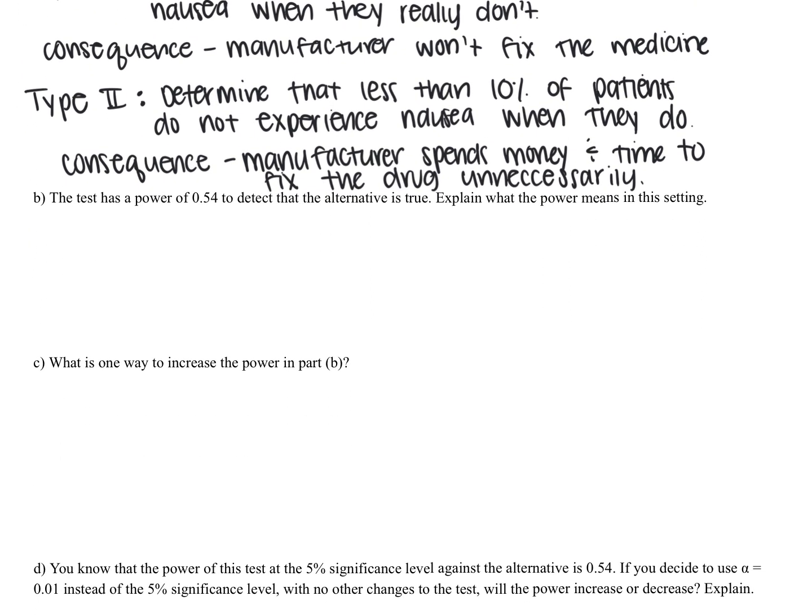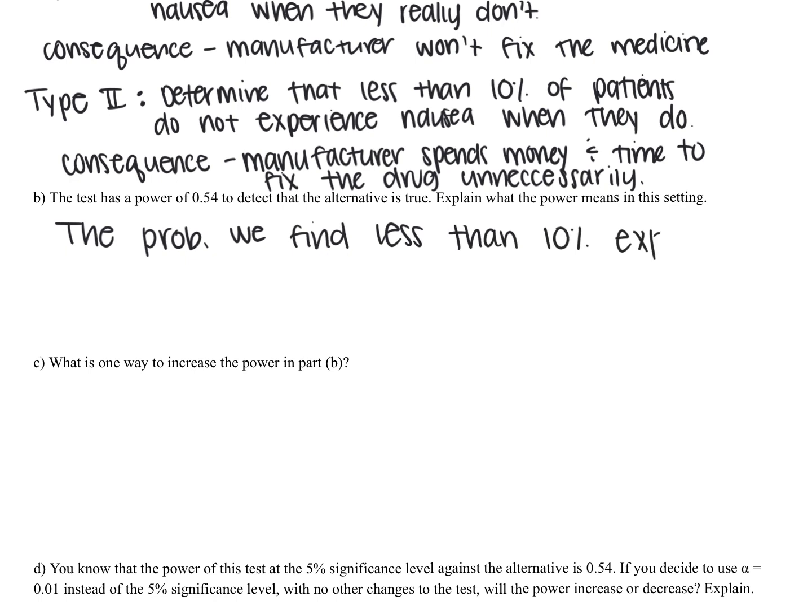Right. Next, let's say hypothetically, the test has a power of 0.54 to detect the alternative is true. Explain what the power means in this setting. So that means the probability we find less than 10% experience nausea correctly is 0.54.